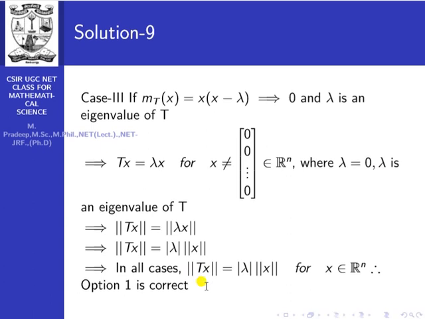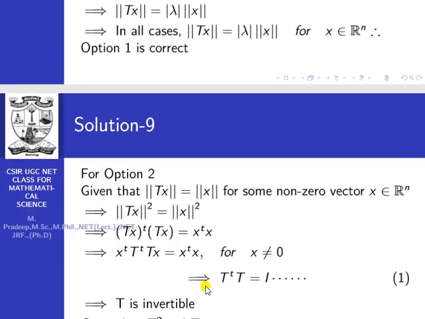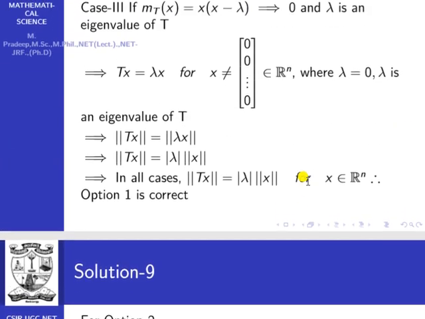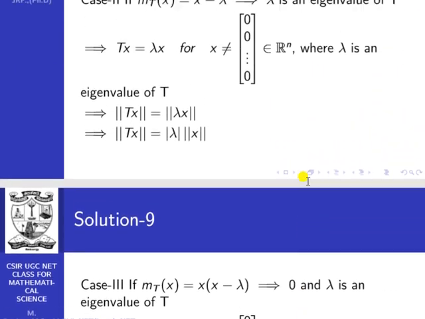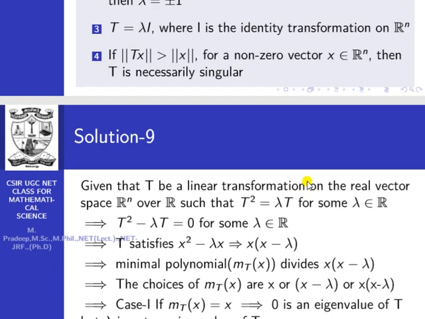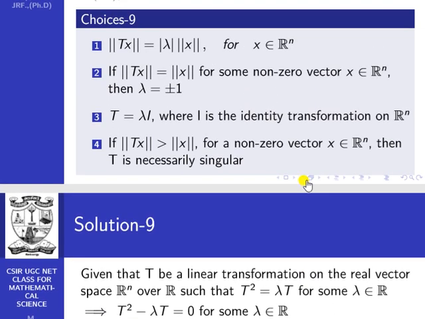What about option 2? Option 2 is given that norm of Tx equal to norm x for some non-zero vector x belongs to R power n. We want to prove that lambda equal to plus or minus 1.